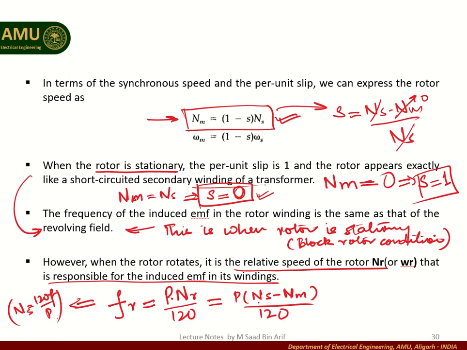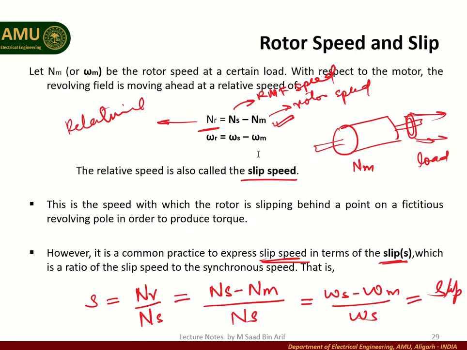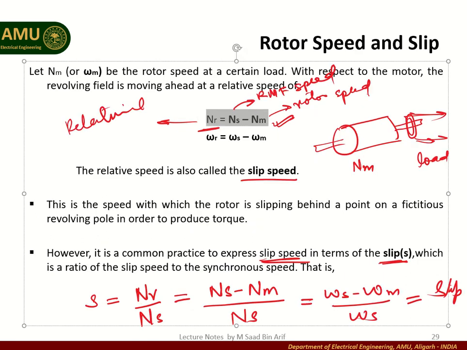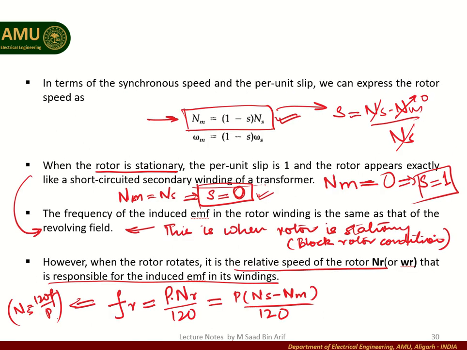From where do we get this? We know from the previous slide that Nr is this. Now this is equal to P into Ns upon 120 into Ns minus Nm upon Ns.